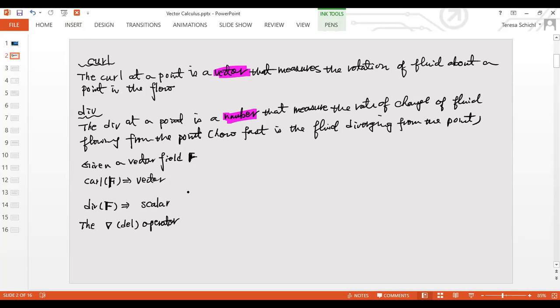It is ∂/∂x i plus ∂/∂y j plus ∂/∂z k, so del is like the partial derivatives of the components.